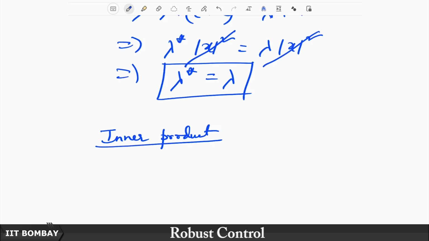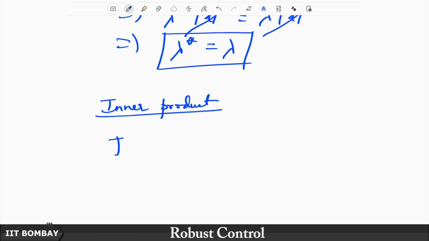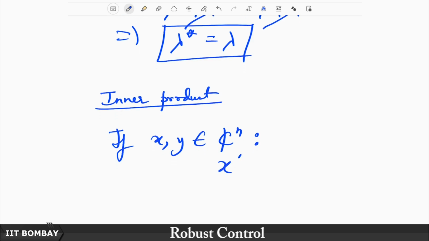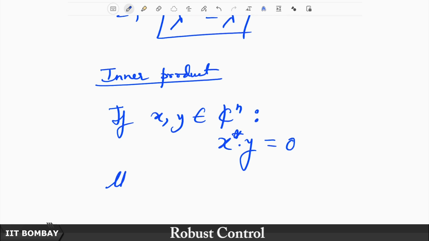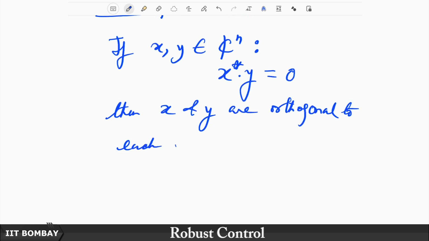So, we will say that if x and y belonging to this n tuple of C is such that you have x star y, that is the complex conjugate transpose of x, which is basically a row vector, times y, which is a column vector, is equal to 0, then x and y are orthogonal to each other.